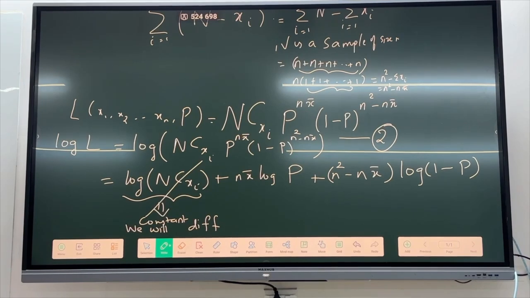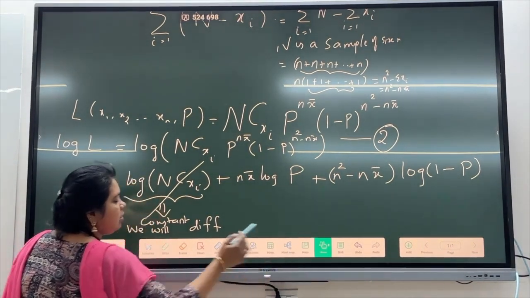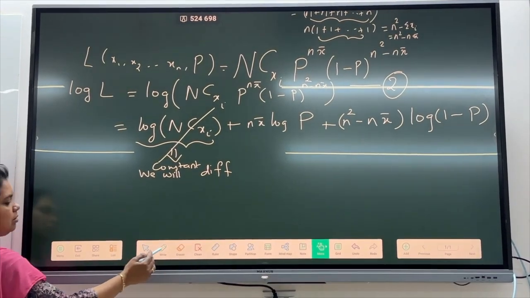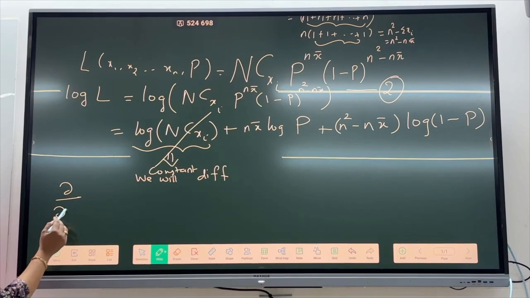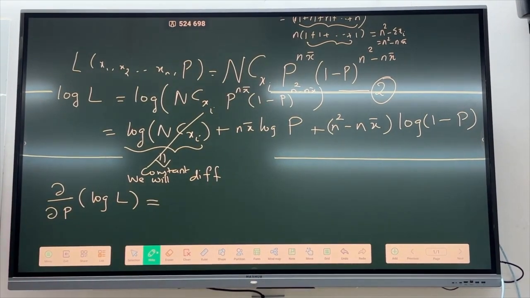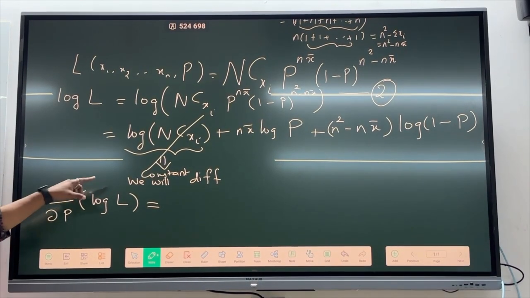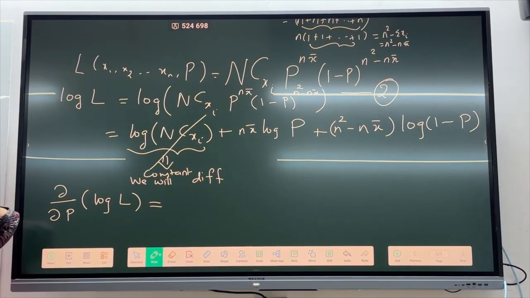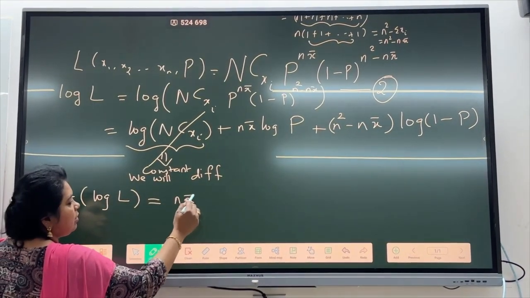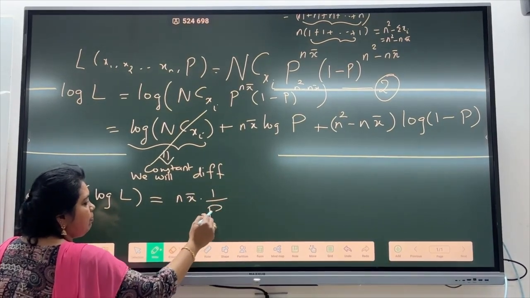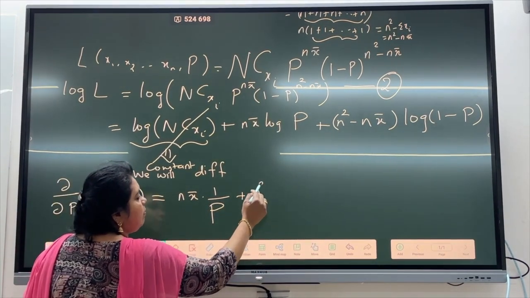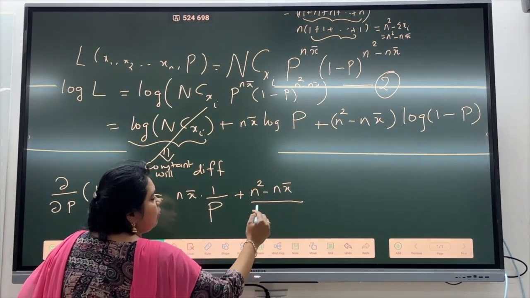The next step is differentiating with respect to P. So dou by dou P of log L. When you differentiate, the constant term is eliminated. We differentiate only the P terms. So n x bar, and the differentiation of log P is 1 by P. The differentiation of log of 1 minus P gives 1 by 1 minus P, with a negative sign.